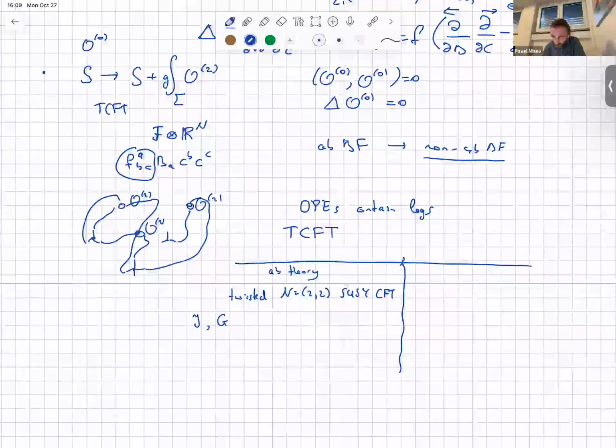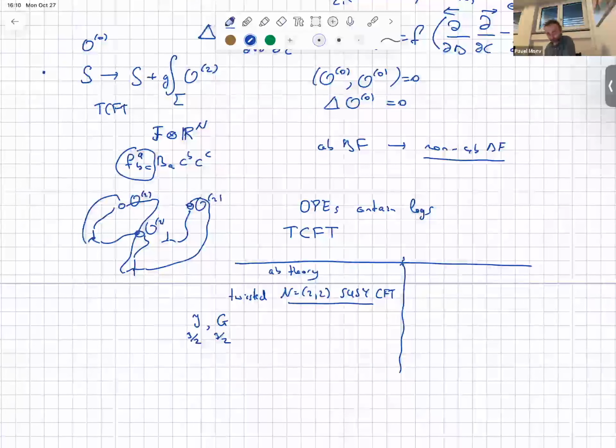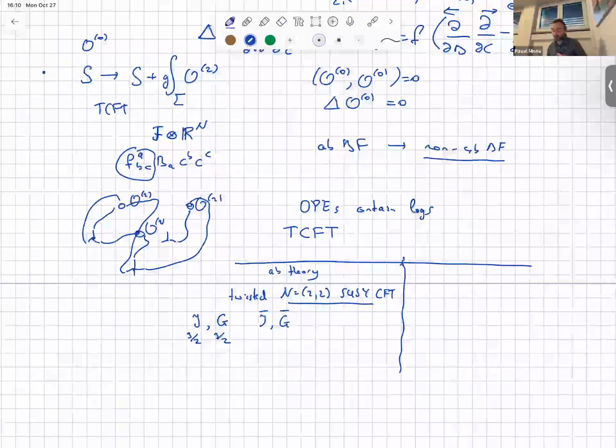So in this untwisted theory, which is superconformal, J and G both attain conformal weights 3/2, instead of having conformal weight 1 and 2. So then you have two pairs of supercharges, J and G, J bar and G bar. That gives you the structure of a superconformal field theory.